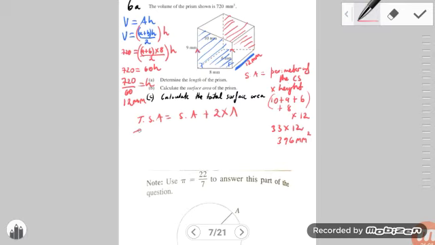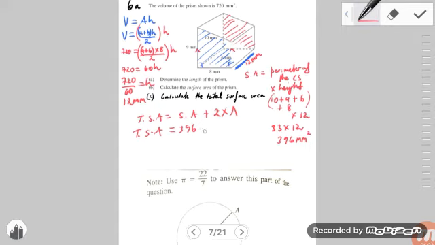Notice that the questions are connected. Part B depends on part A, and part C depends on part B. So if part B is wrong, automatically part C will be wrong. And if part A is wrong, part B is also going to be incorrect.